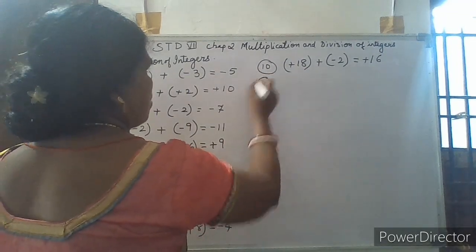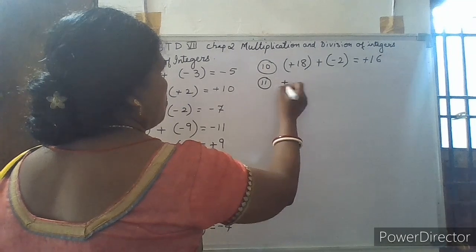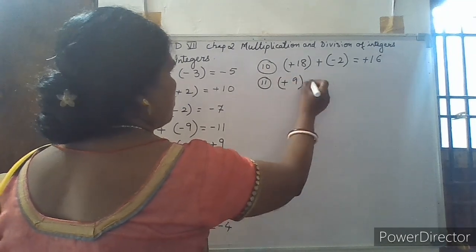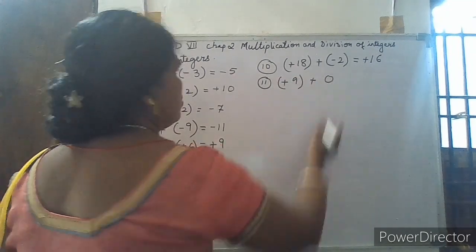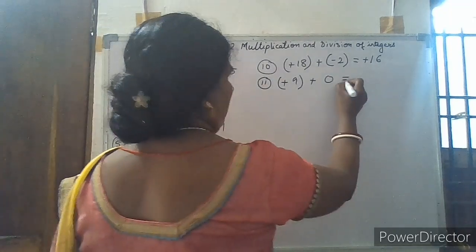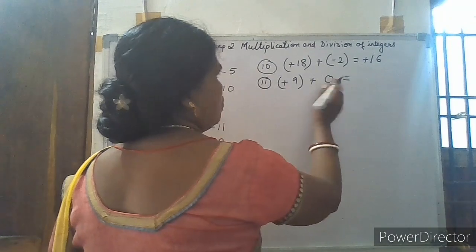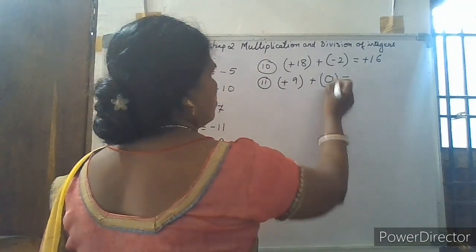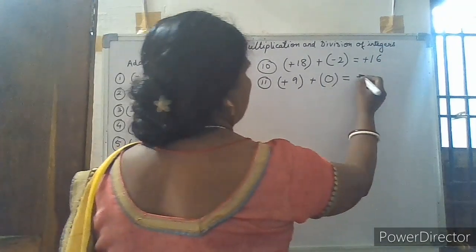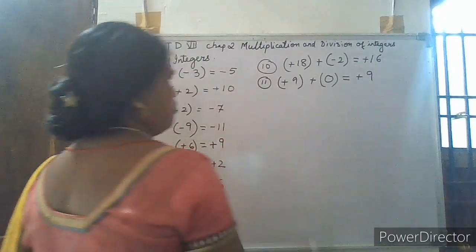Now suppose example plus 9 and plus 0 is there. Then here 0 is neither positive nor negative, we know it. Therefore, it is equal to plus 9.